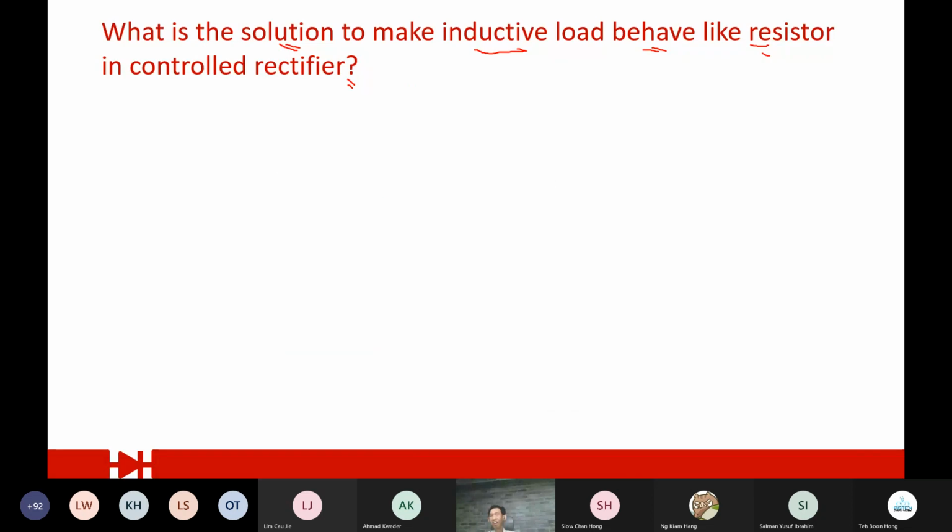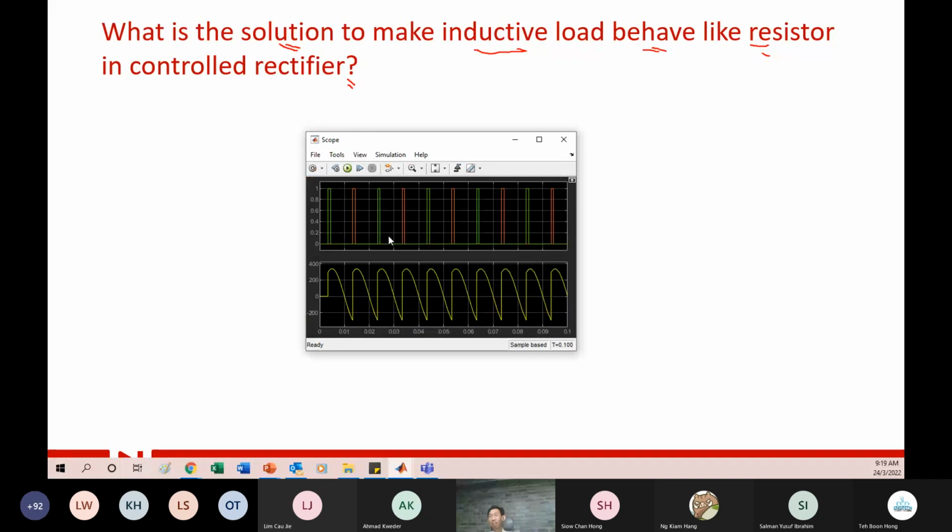Review answer. You all remember the flywheel diode? The flywheel diode will help. The problem of this, the negative, is because of the inductor discharging in the opposite direction.